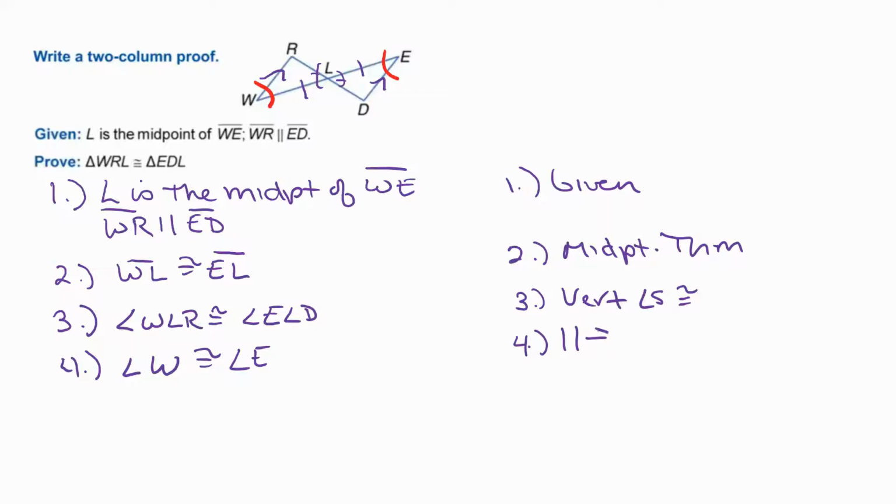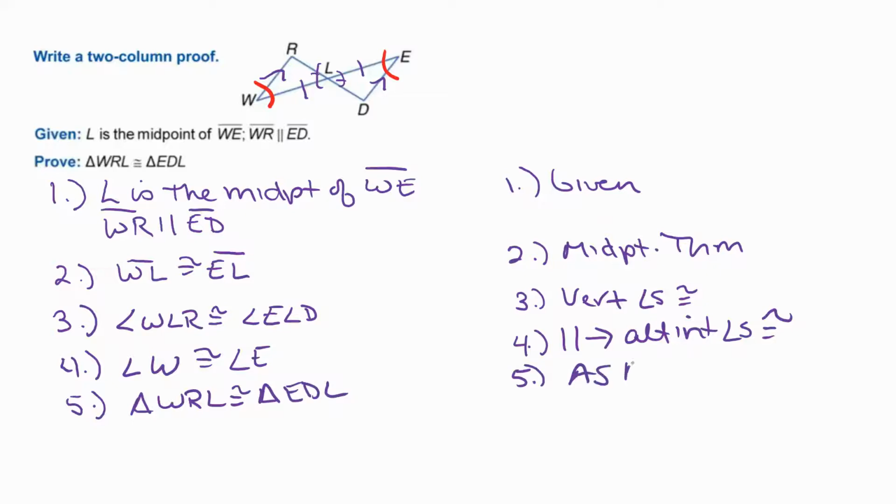So parallel lines give us alternate interior angles congruent. So now we have angle, side, angle, and triangle WRL is congruent to triangle EDL, and that's by angle, side, angle.